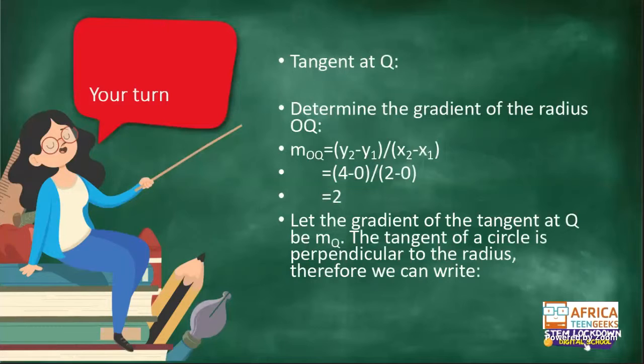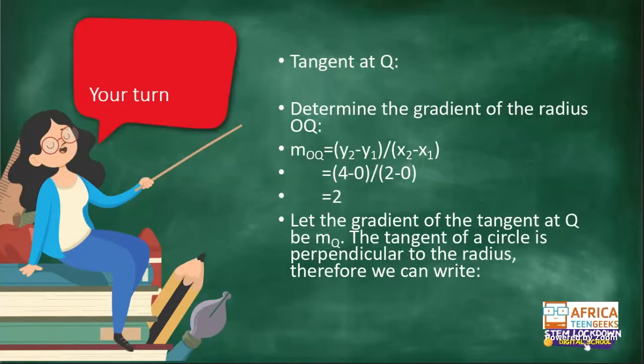Okay, so the tangent at Q here, you first also do the same thing. You determine the gradient of the radius OQ. Now, MOQ here, you also write the formula y2 minus y1 divided by x2 minus x1, which is equal to 4 minus 0 divided by 2 minus 0, and you write equal to 2.